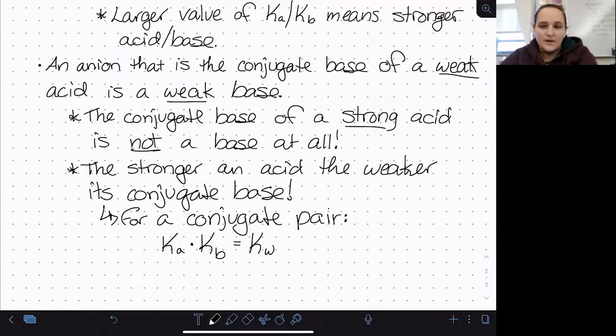If you work out the equilibrium expressions, you can prove this to yourself. I'm not going to do it now for the sake of time, but we can see from this relationship that if the product of these two things has to be constant, as one increases, the other has to decrease. So if Ka is larger for a particular acid, Kb must be smaller, meaning that because the acid is stronger, the base has to be weaker.